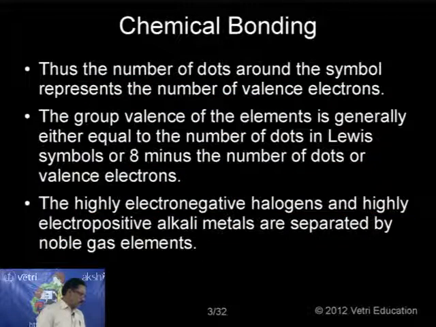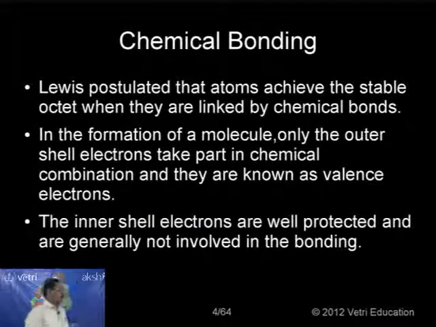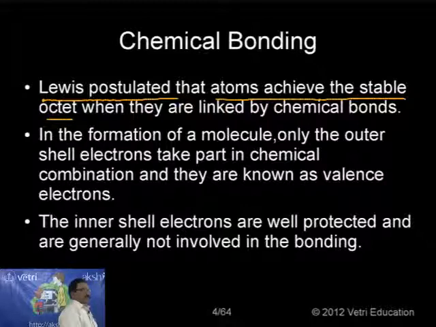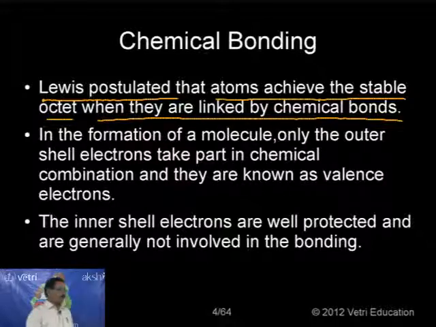Now you can see the next point. Okay, let me give you some more information. Lewis postulated that atoms achieve the stable octet, octet means 8, when they are linked by chemical bonds. Whenever chemical bond is formed, the atom that is involved in chemical bonding will achieve the stable electronic configuration of 8 electrons in the outermost shell.